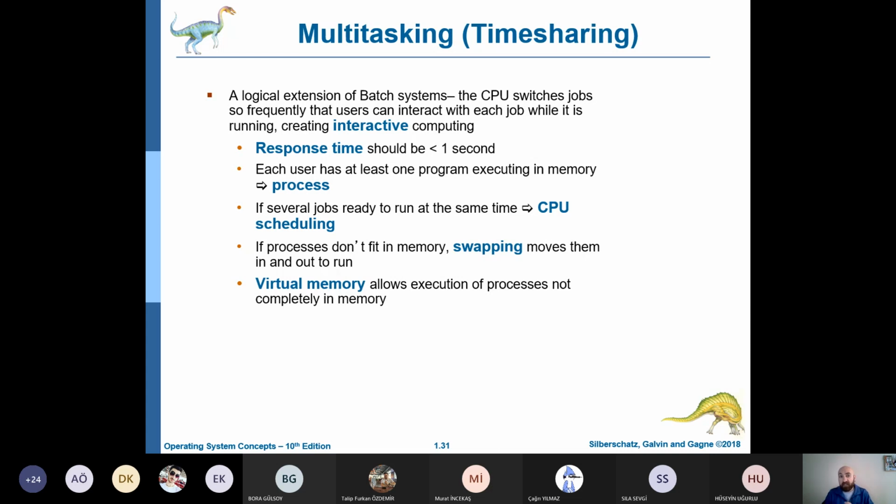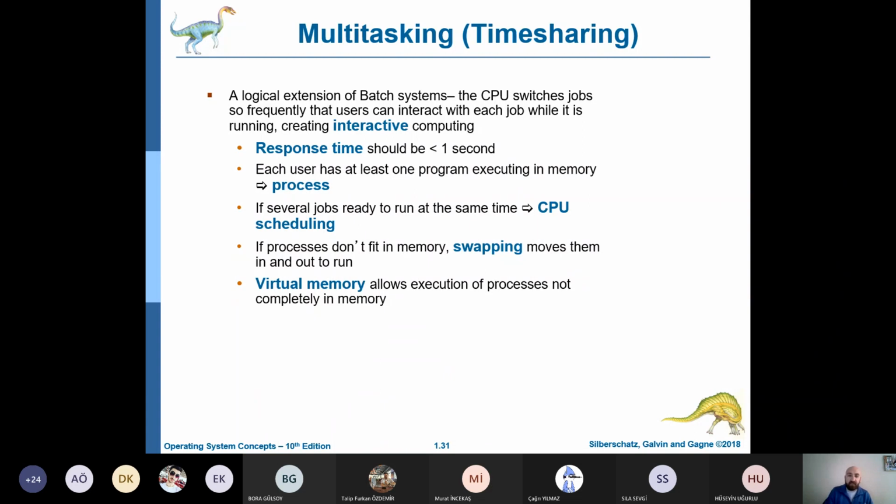Chapters 9 and 10 of this book consist of memory management. In addition, if several processes are ready to run at the same time, the system must choose which process will run next. We have lots of different processes.